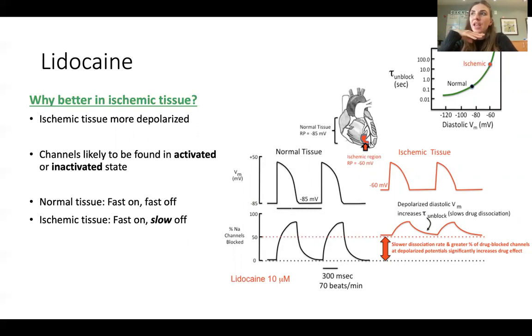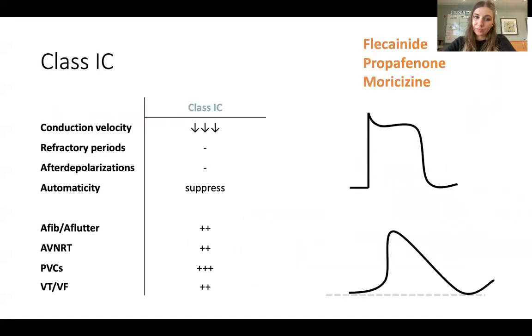In normal tissue, lidocaine is fast on, fast off. In ischemic tissue, it's fast on and slow off, so you get that residual sodium channel blockade even when it's popped off.